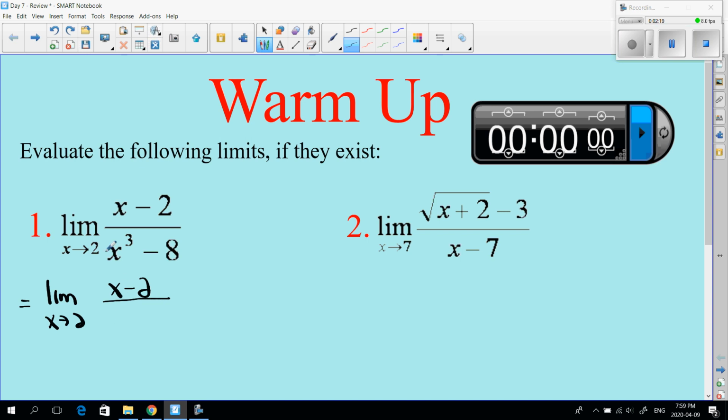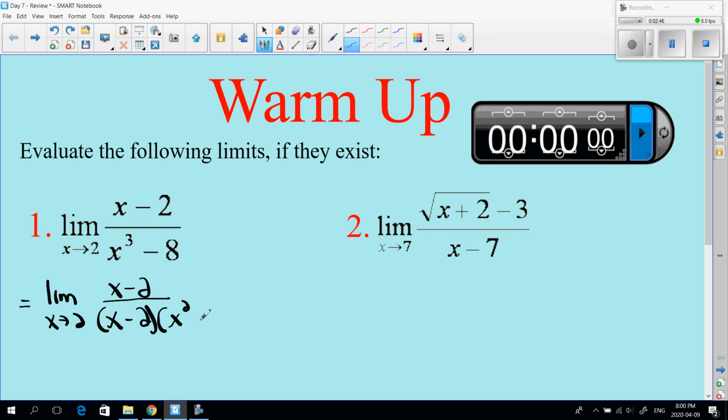The denominator factors x cubed minus 8. In the first bracket, you have the cubed root of x cubed, which would be x, minus the cubed root of 8, which would be 2. All right, in the next bracket, we have this first term squared. So x multiplied by itself gives me x squared. The second term is the product of these two.